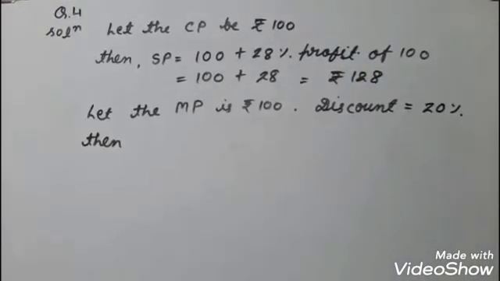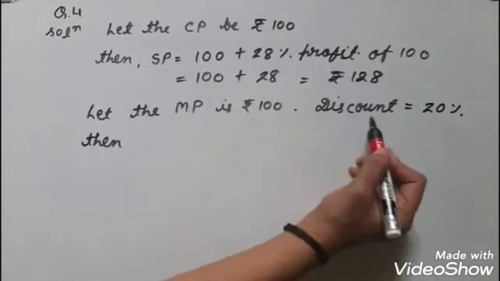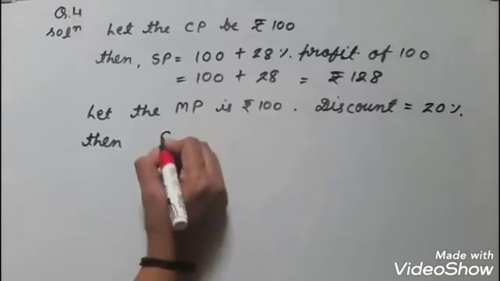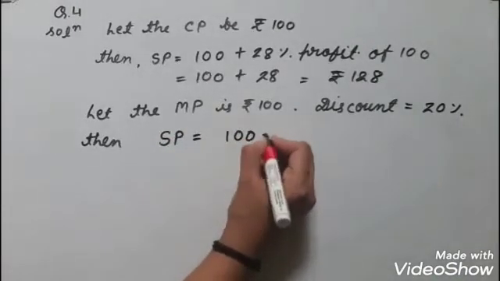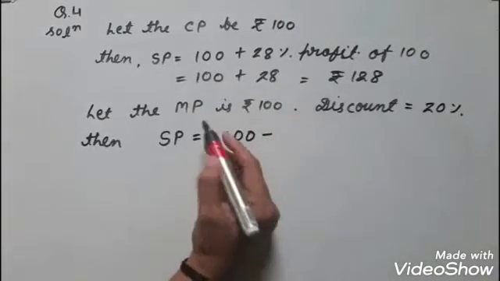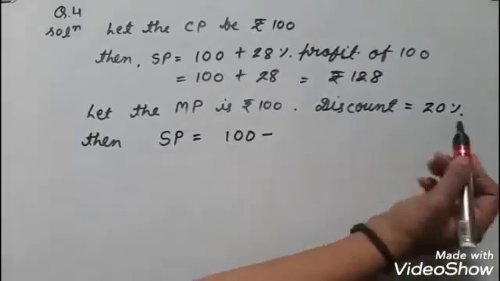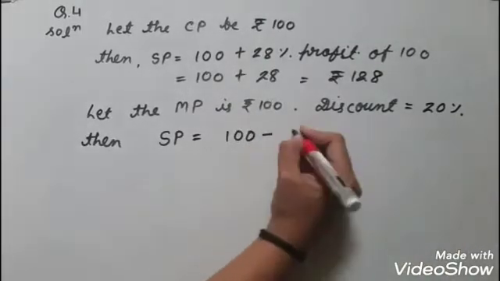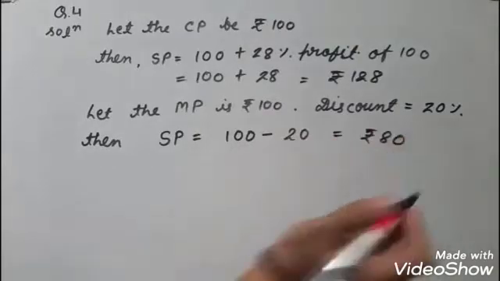Now again we are assuming marked price as rupees 100 and discount is given of 20%. So we have to find selling price here. So what is that? 100 minus, means marked price minus discount amount. Discount amount means 20% of these 100, means 20. So 100 minus 20, rupees 80.